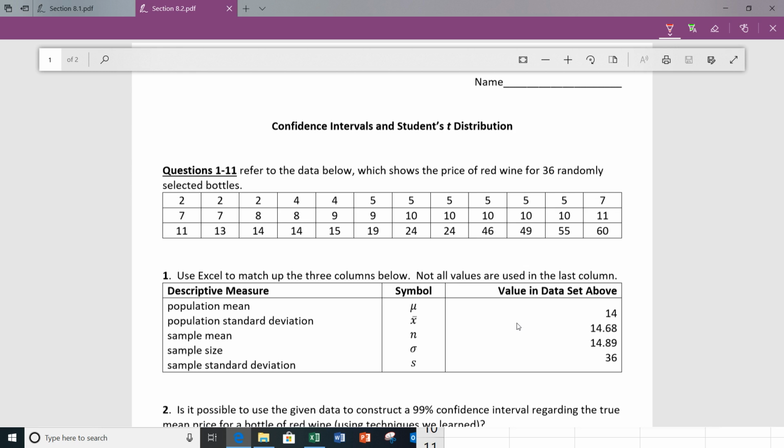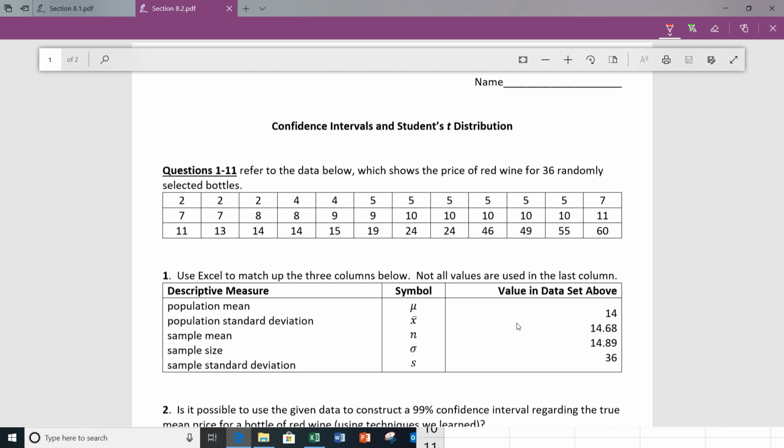Okay, groups of two, think pair share, matching. For the single name was 14. Did you guys have an Excel option? It was a 36.